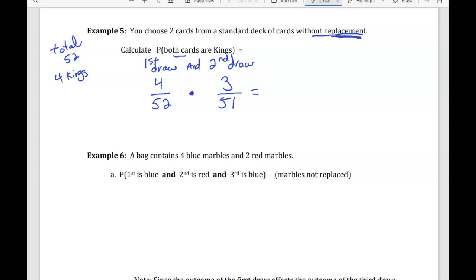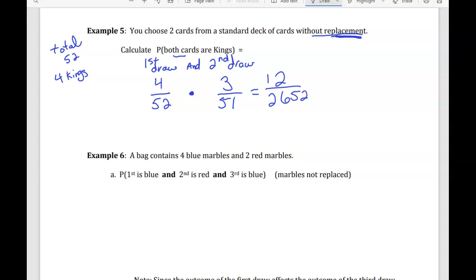When we multiply these, we can simplify these fractions if we want to. We don't have to, but if we just multiply straight across, that's going to give me 12 out of 52 times 51, which gives 2652.